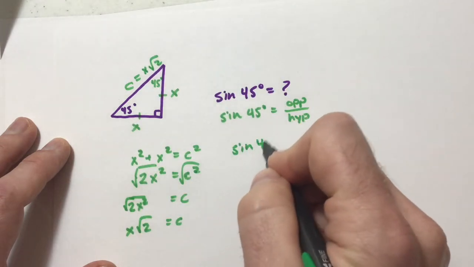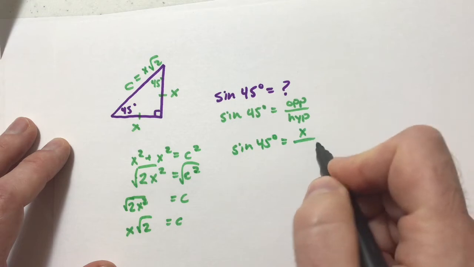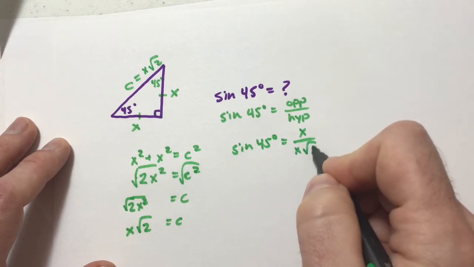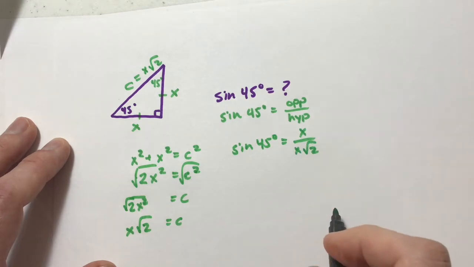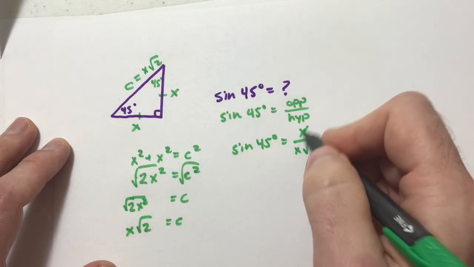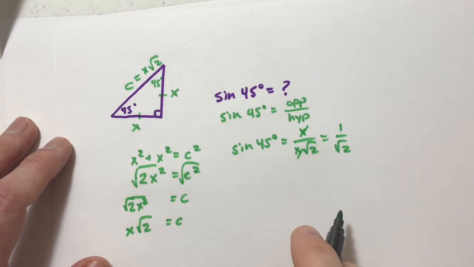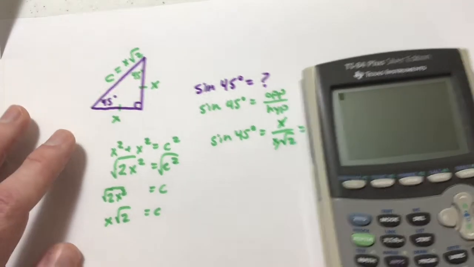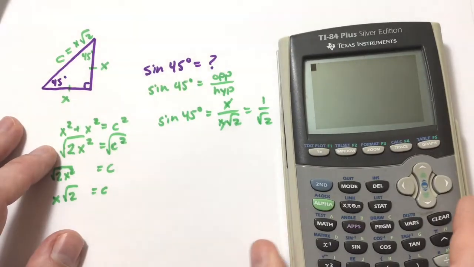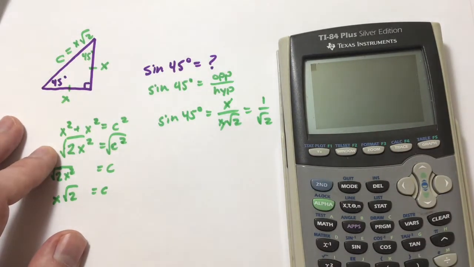So the sine of 45 degrees would be x divided by x times the square root of 2. The x's can cancel, so really we get 1 over the square root of 2. I'm totally happy with that, but some math teachers are not, and I think it goes back to the rules about not being able to divide by square roots, and so they want to change that to something different.